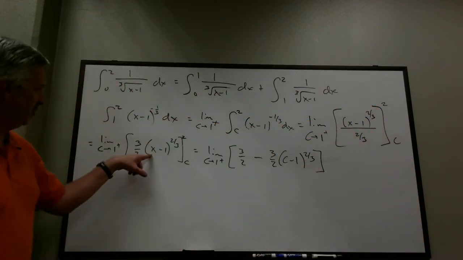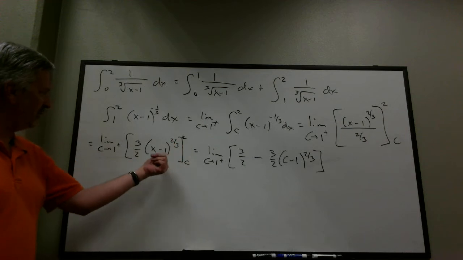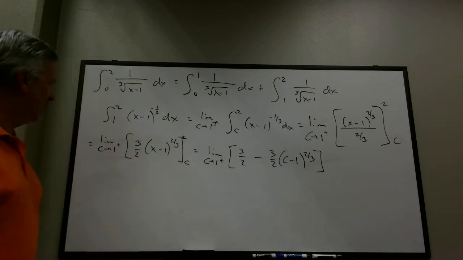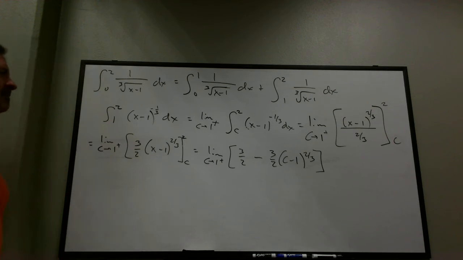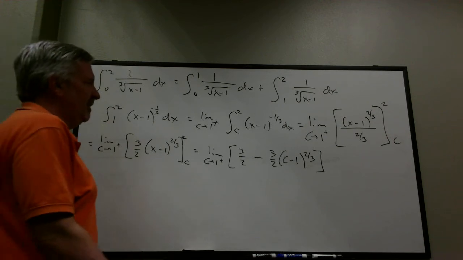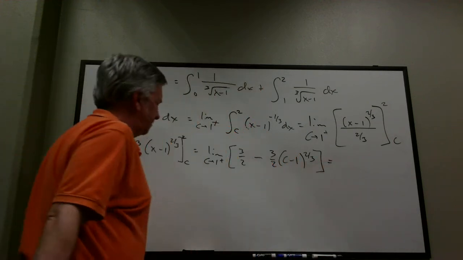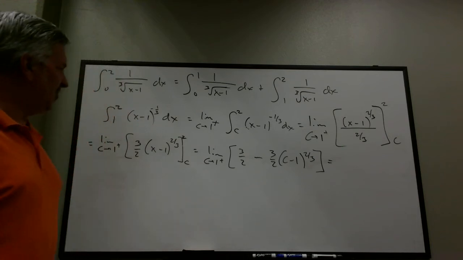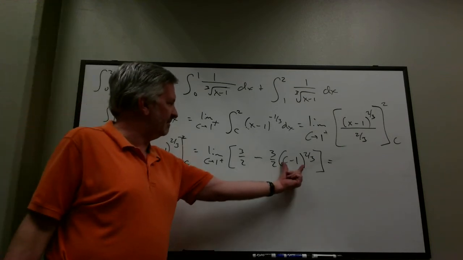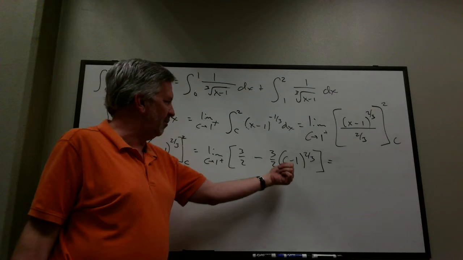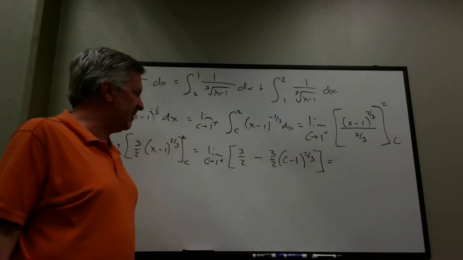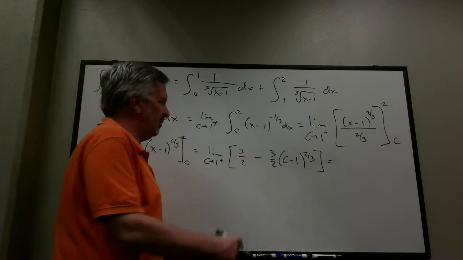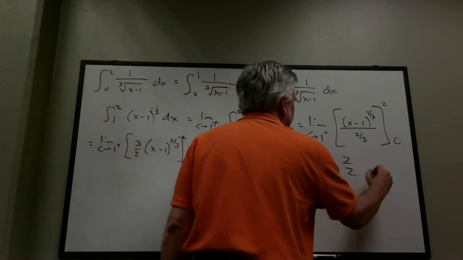I plugged in 2, that gives me 1 to the 2/3 is 1 times 3/2 is 3/2. And then when I plug in c, I get that. And now it's just a matter of taking the limit again. When c approaches 1 from the right, you're plugging a number a little bit bigger than 1, so you're taking a positive number to the 2/3, that's not a problem. But when c goes to 1, you get 0, and notice the answer is 3/2 from here.